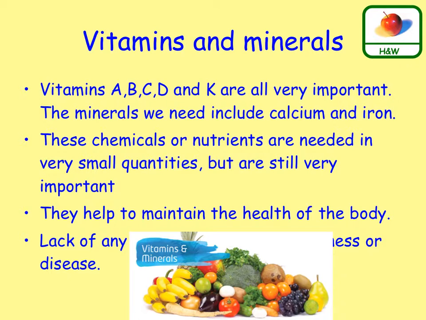You also need minerals: calcium to help with bone growth, and iron to help make red blood cells, because iron makes up the substance called haemoglobin that helps carry oxygen around the body. They're needed in small quantities, but they are very important to maintain the health of the body, and a lack of any of these will result in a disease or an illness.